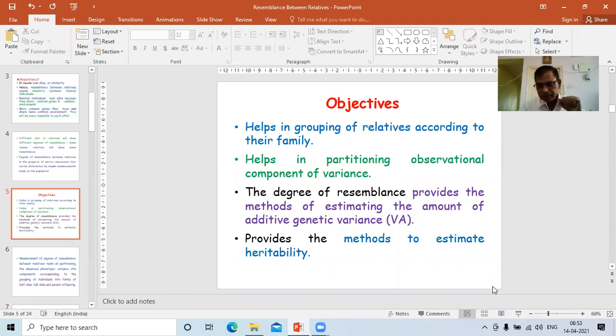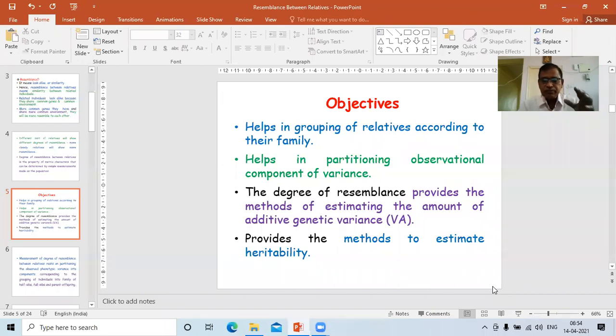Now, one thing is that I have stated this for the first time, that is the observational component of variance. Up till now, whatever we have seen, the total variance, the phenotypic variance, is partitioned into different components, and they are called the causal components of variance.